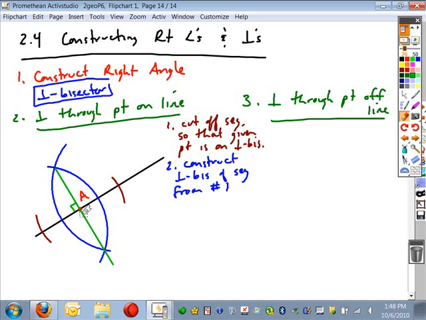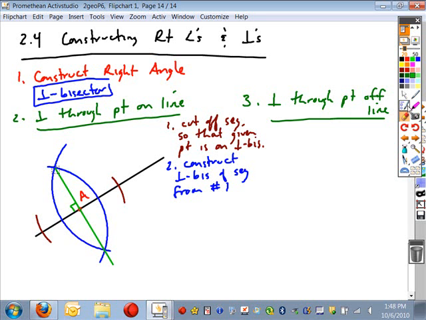So does that confirm that you had the right perpendicular? Yeah. If you had connected these and point A is nowhere near it, then you did something wrong. You need to adjust your compass, look at what you've done. So it's just a built-in check system that allows you to determine, is this a reasonable answer or not? So I'd suggest that you do it, but it's not required when you're showing construction marks. You just need the one extra set.